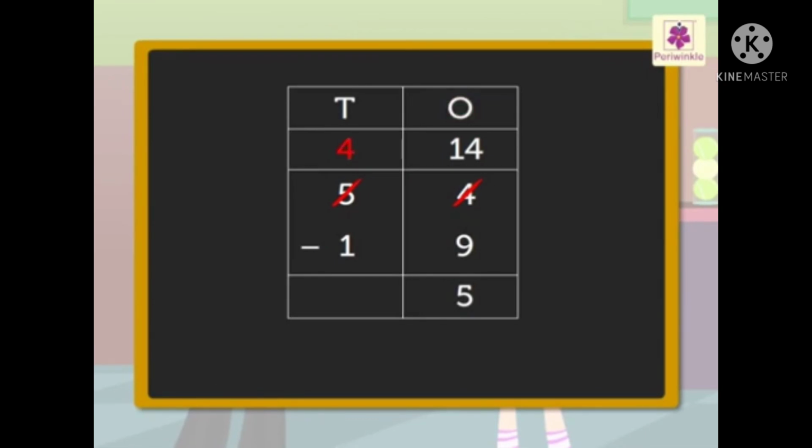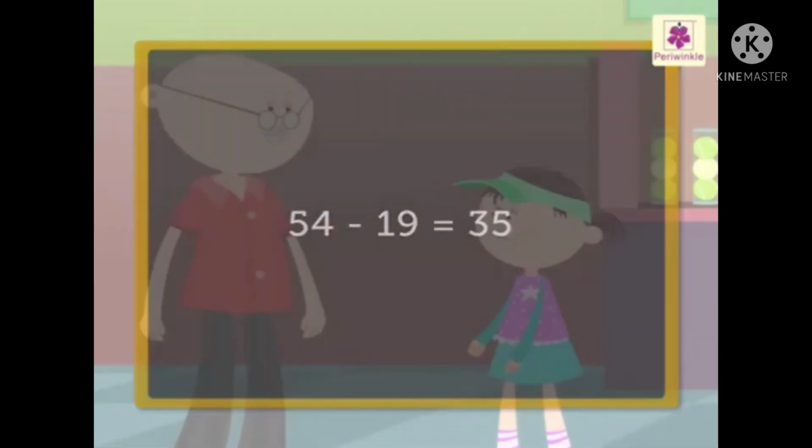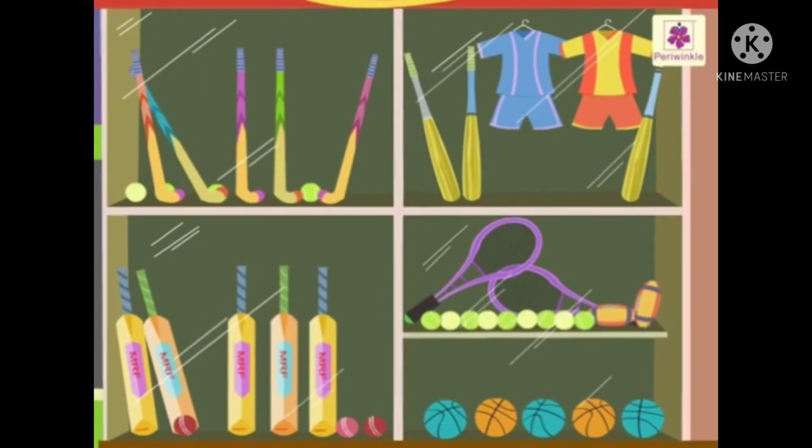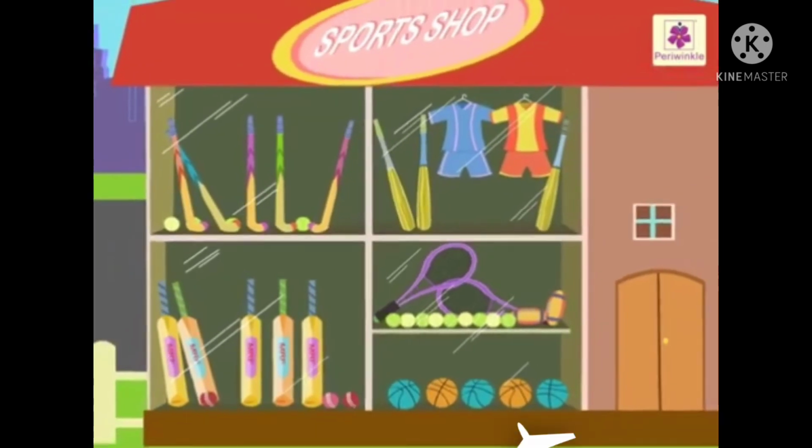Now, subtract 4 minus 1 equal to 3 tens. Write 3 in the tens column. So we get the answer 35. 54 minus 19 is equal to 35. Thus, there are 35 tennis balls left with Mr. Wilson. Hope you had fun learning at the sports shop.